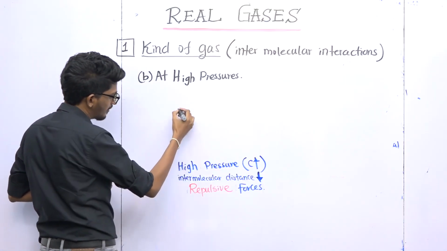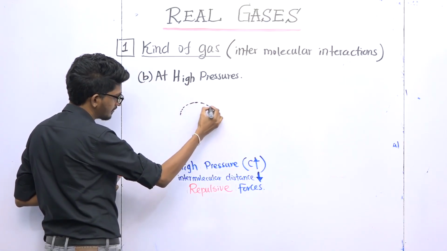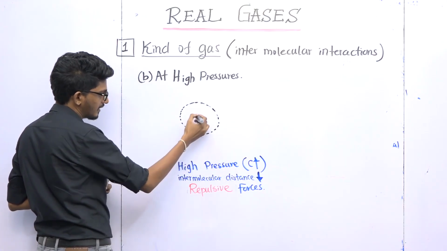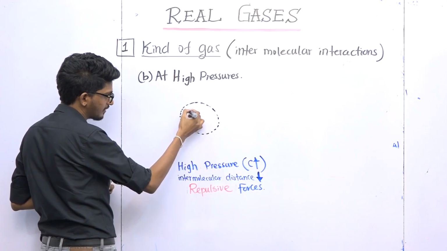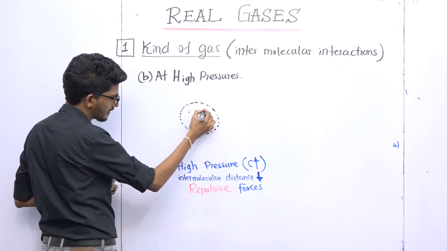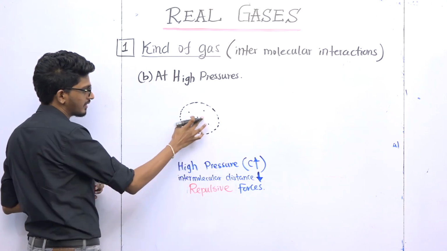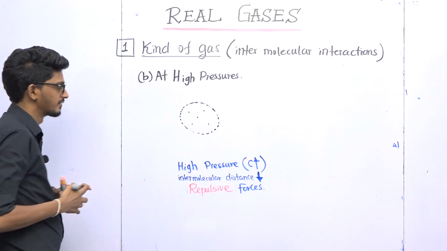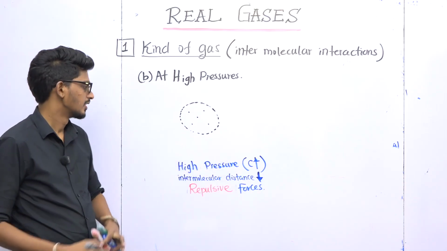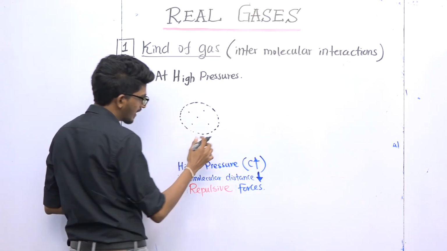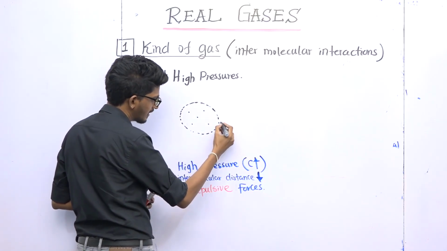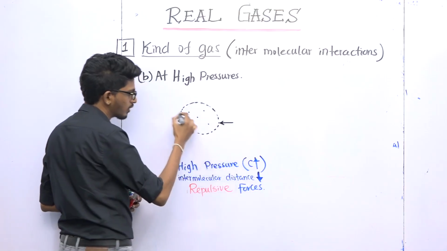So you are with this kind of system. Say you are with ideal gases. The particles are very close to each other, but as they are ideal, no attractions and no repulsions would occur.